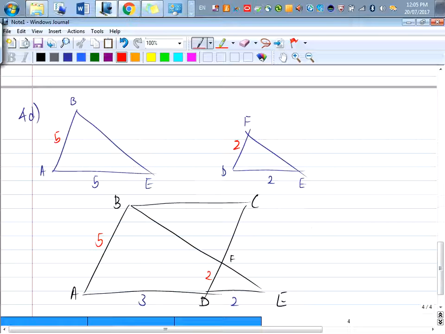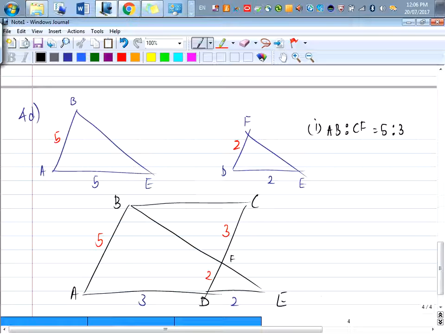So now I can continue to find out what is the ratio of FC with respect to AB. By now it should be clear that this is also 3. Put it in red because it is related to this red 2 and it's related to this red 5. So then I have my answer for part 1. AB to CF is equal to 5 is to 3. Okay?